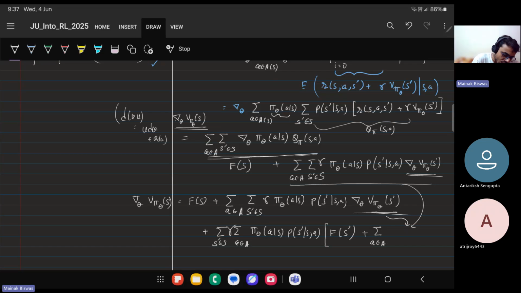Both these things, I'm just putting equal values. Gamma, pi theta, let's write this as A dash given S double dash, P of S double dash given S dash A dash, gradient of V pi. Clear? Is this correct?